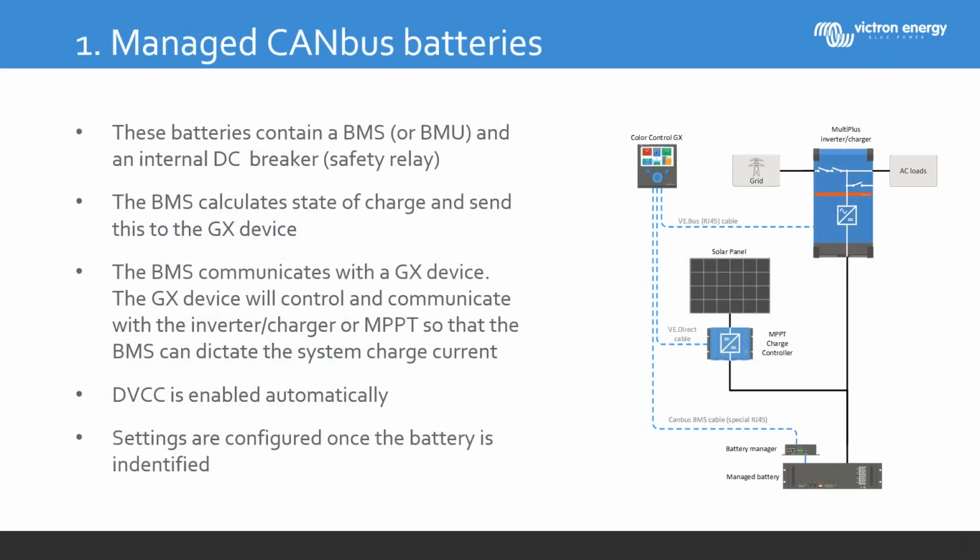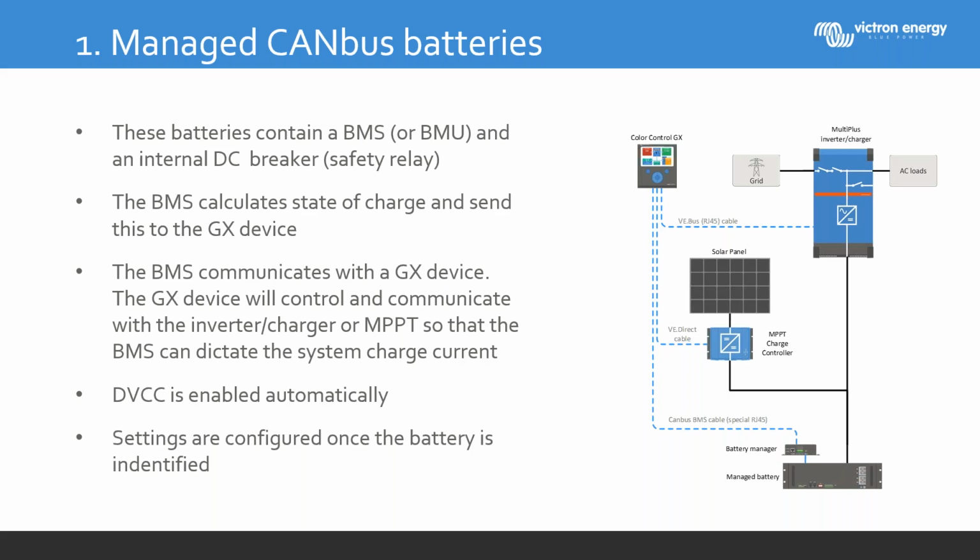A managed CAN bus battery has a BMU or BMS and an internal safety contactor, and they calculate internally the state of health, the state of charge. They monitor per cell level, the voltage, the temperature, and all of that.